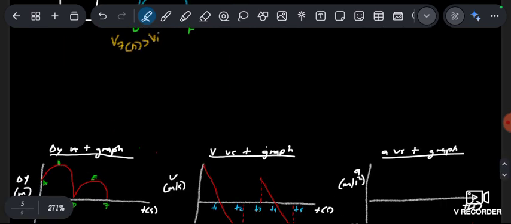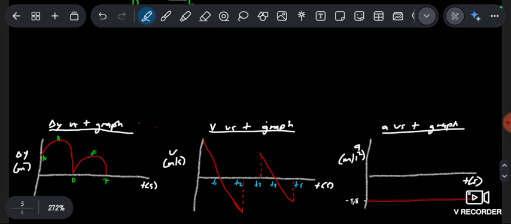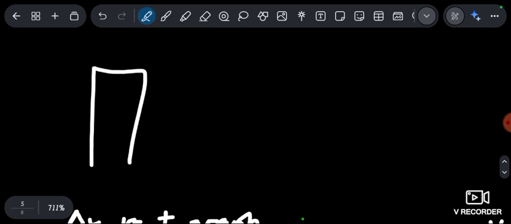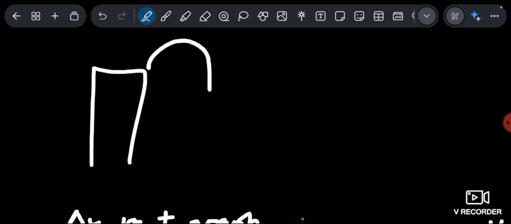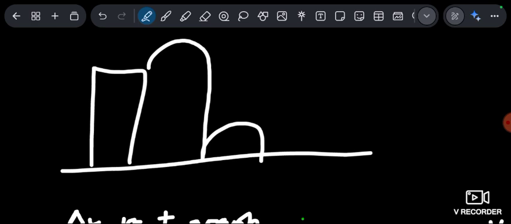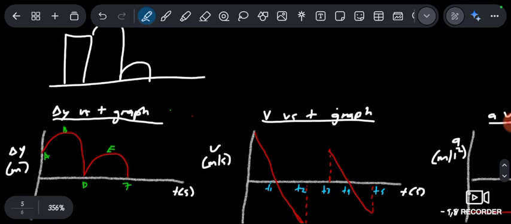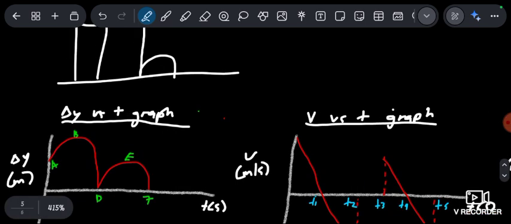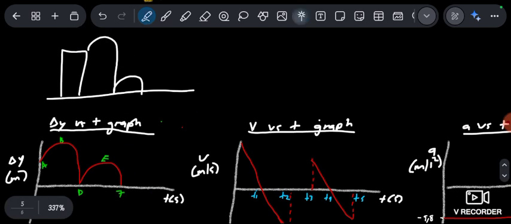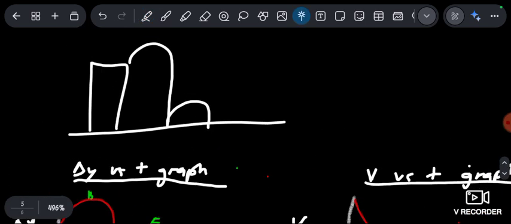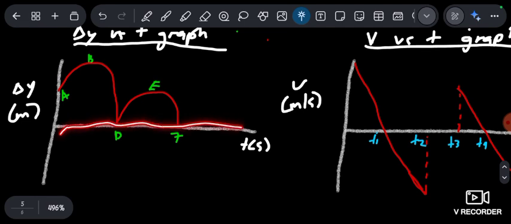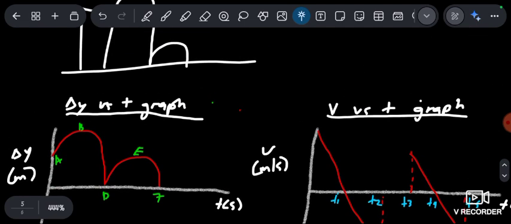Right? Now, of course, I said to you, the delta y always takes the position, the direction, or the motion's shape. Now, what does the graph do? If we take the ground as a reference point, this is what it's going to look like, right?